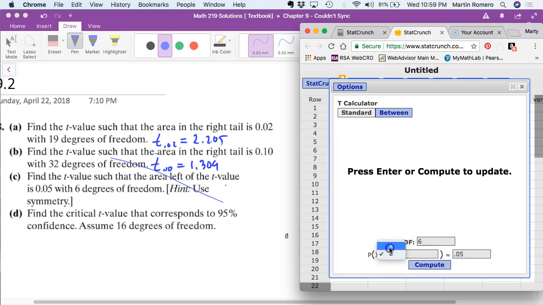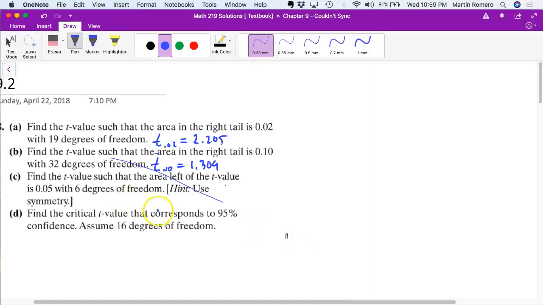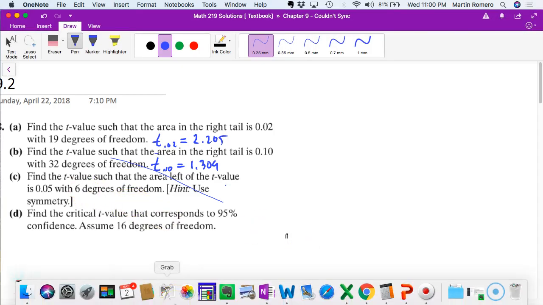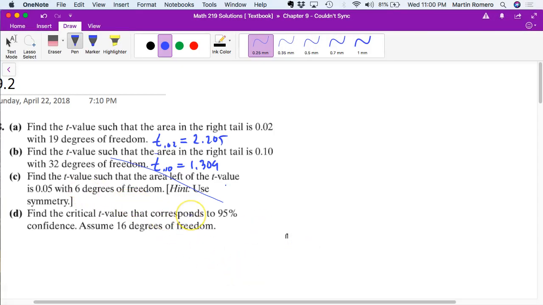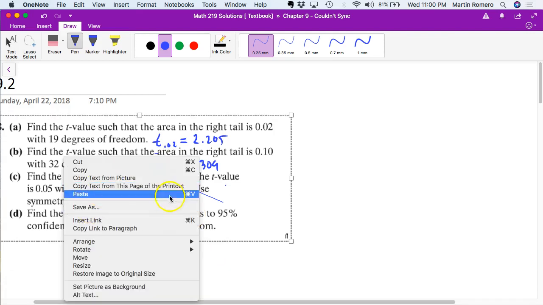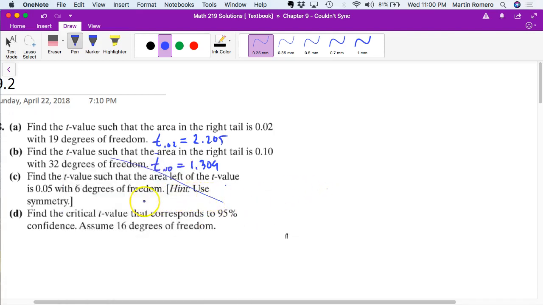You're going to use less than, and so you should end up with negative 1.943. So your t value here is negative 1.943.